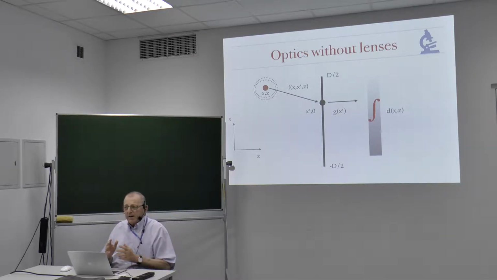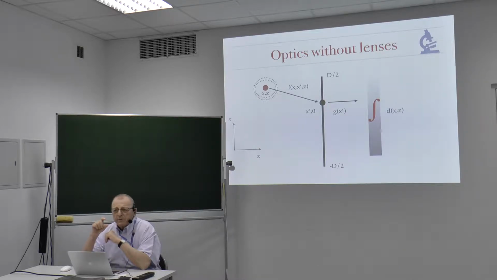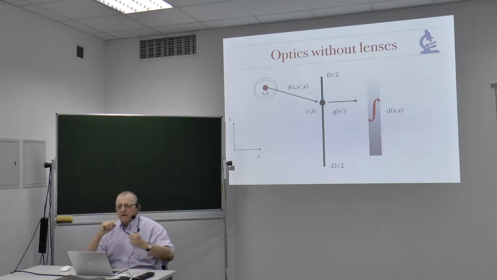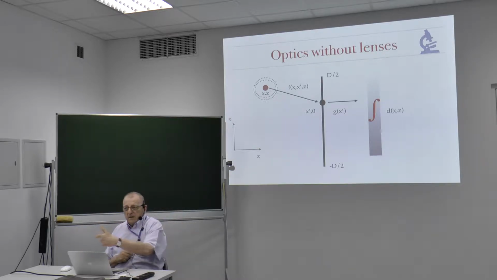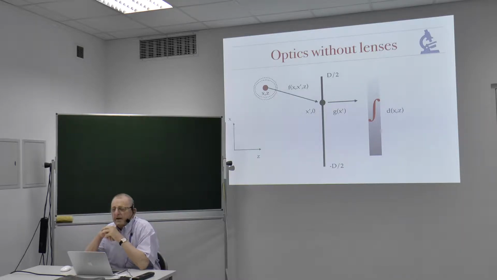And clearly, the lens is hidden in this function g, its property. And as in all our calculations for mathematical simplicity, we will be using this paraxial approximation. That is, I will be assuming that my lines tangent to the k vector of electromagnetic wave are close to the axis, optical axis of this device.